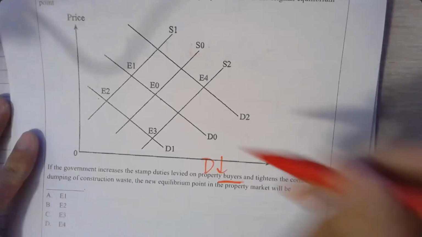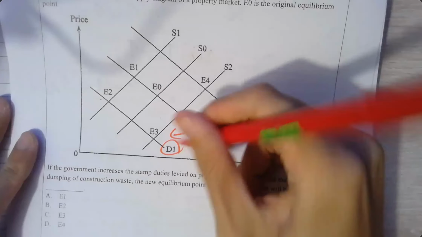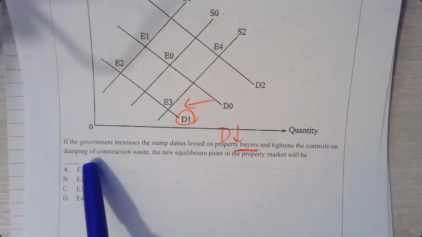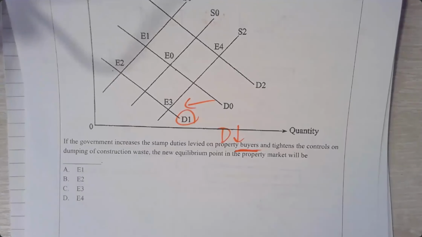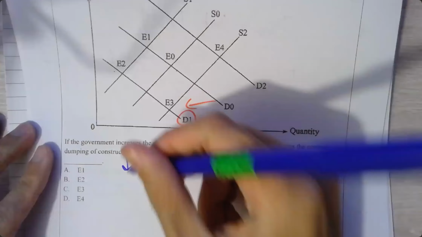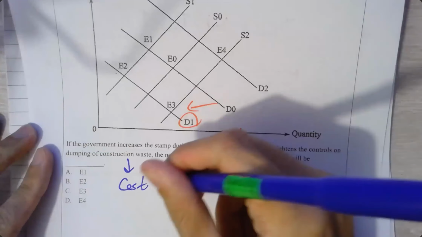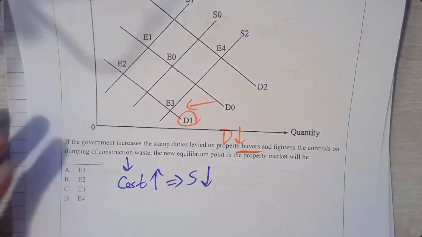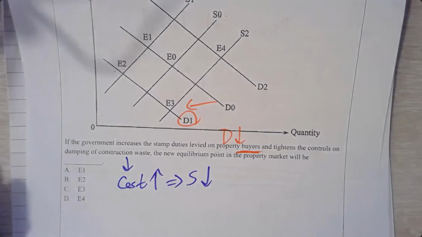OK，原來啦 demand 會跌嘅。So D1 and tightens the control on dumping of construction waste。而家啦，我建築廢料冇咁容易抌，即係咩意思啊？The operating cost increases, therefore supply of property would decrease.